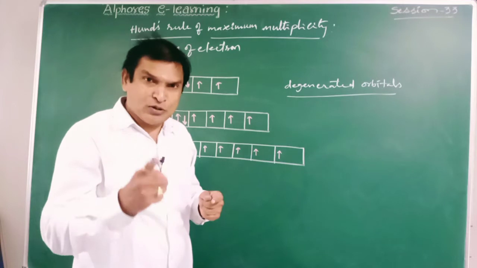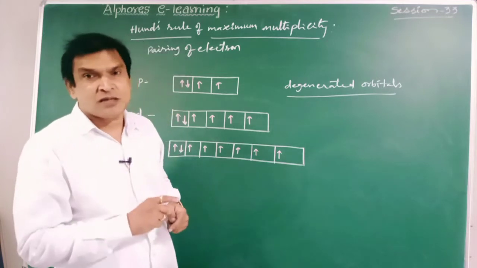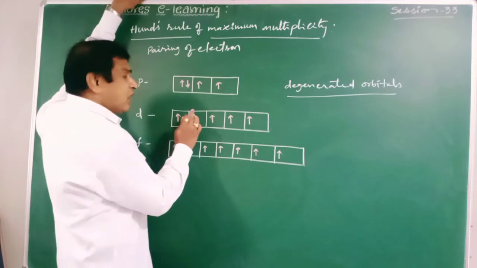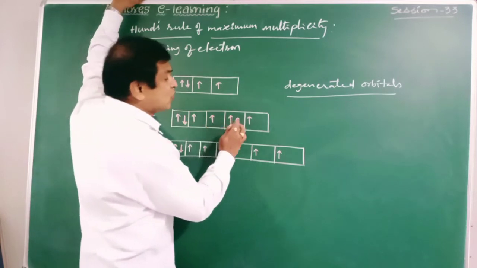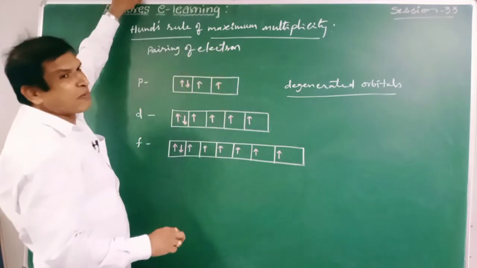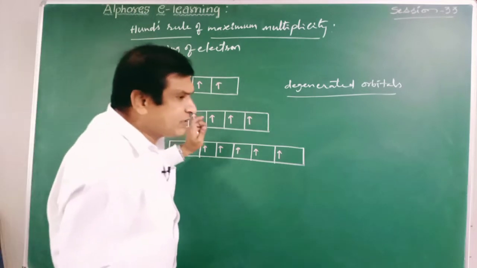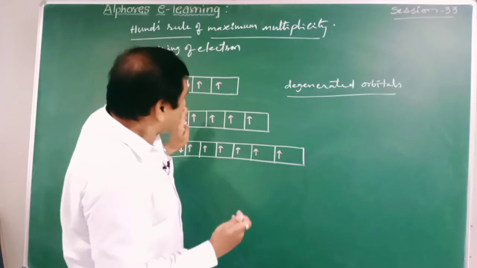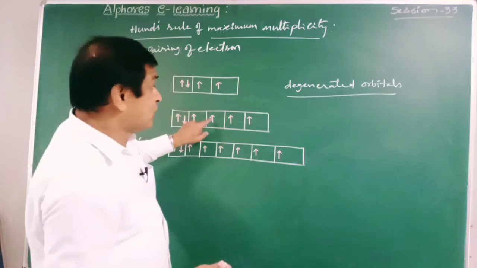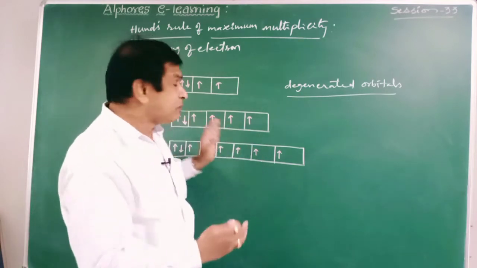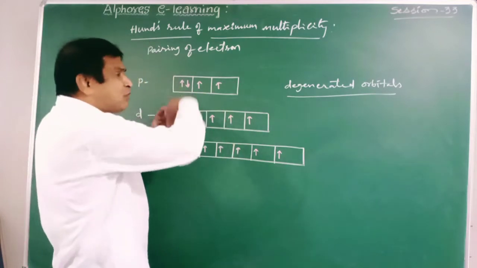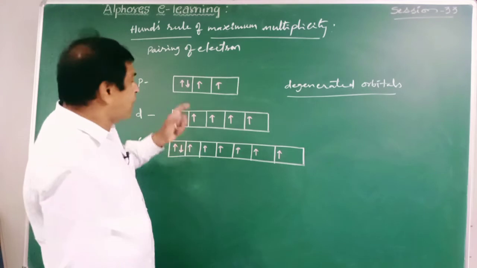Pairing of electrons takes place when all the degenerate orbitals are filled with 1 electron each of parallel spin. That means same spin. Then the pairing electron takes place with anti-parallel, or opposite, spin.